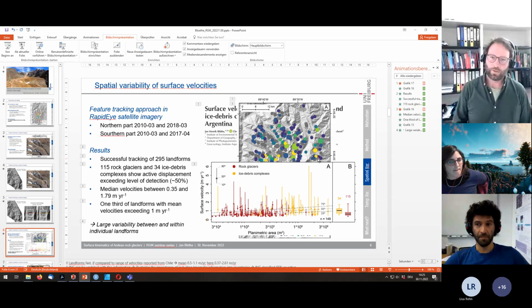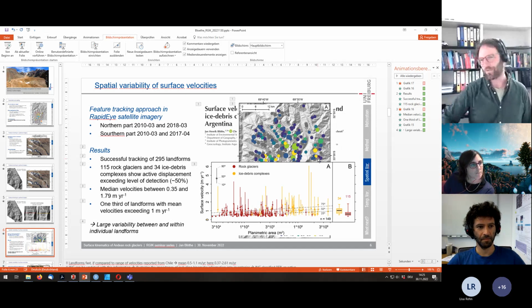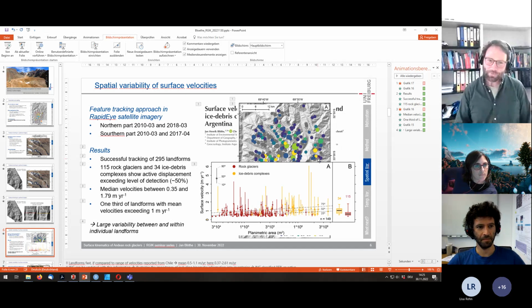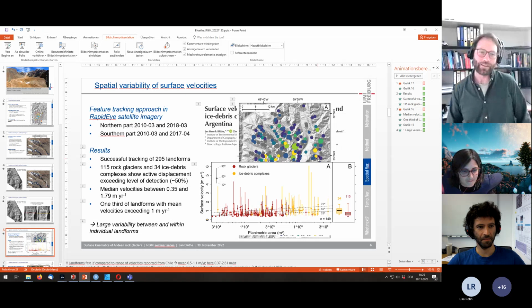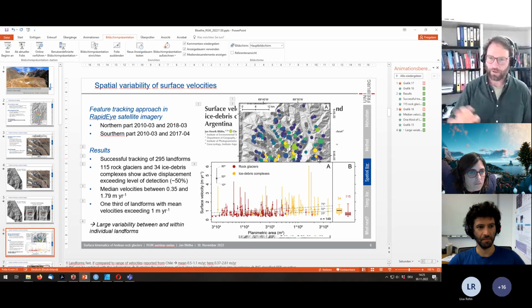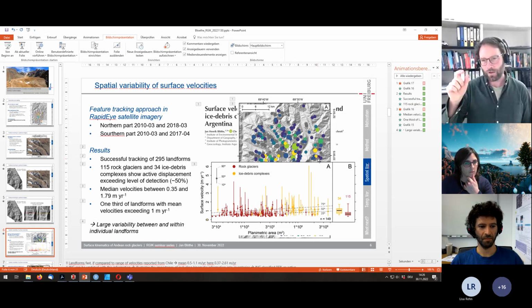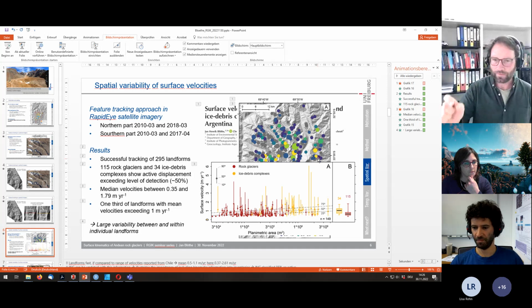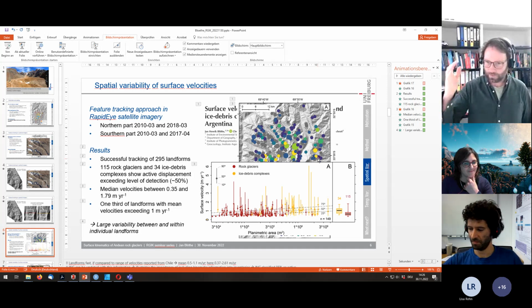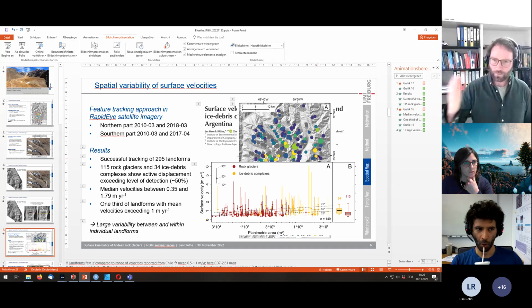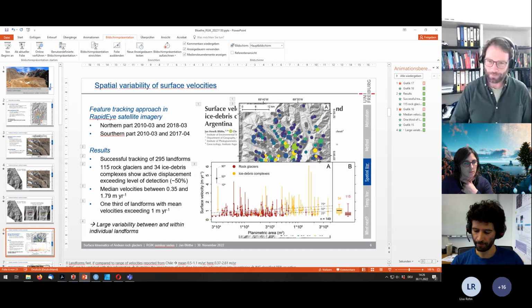And if I take my limit of detection at face value, if I just say, okay, everything I cannot detect doesn't move, then I come up with just half of the landforms that are actively moving. But then you are certainly right that we always run into this problem of what rock glacier activity means. Is rock glacier activity some significant movement? What is the threshold for this significant movement?